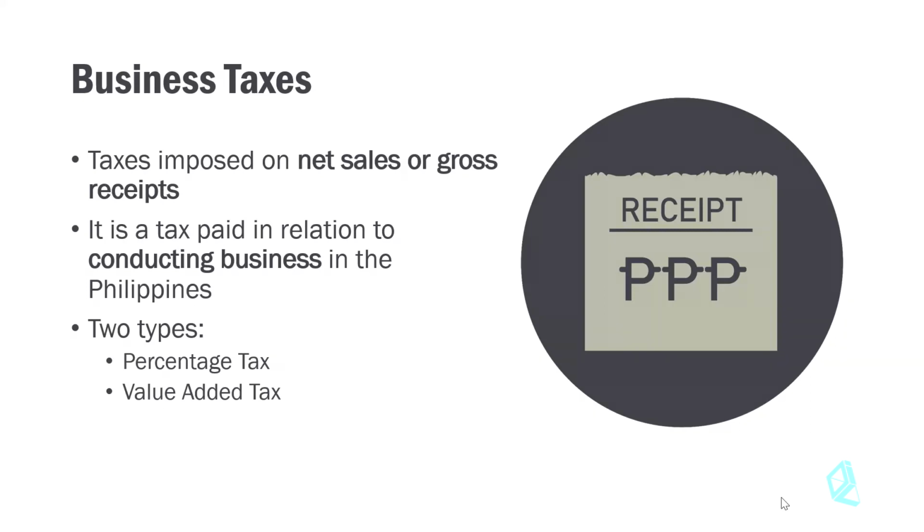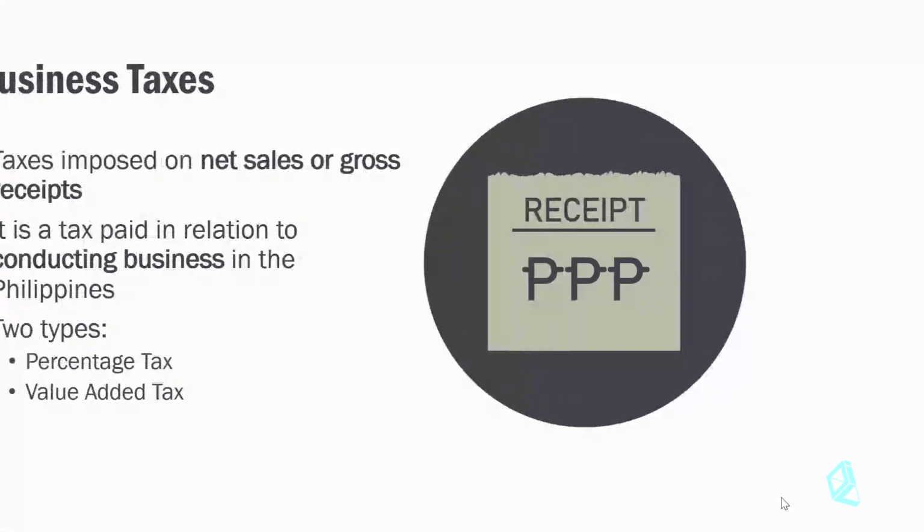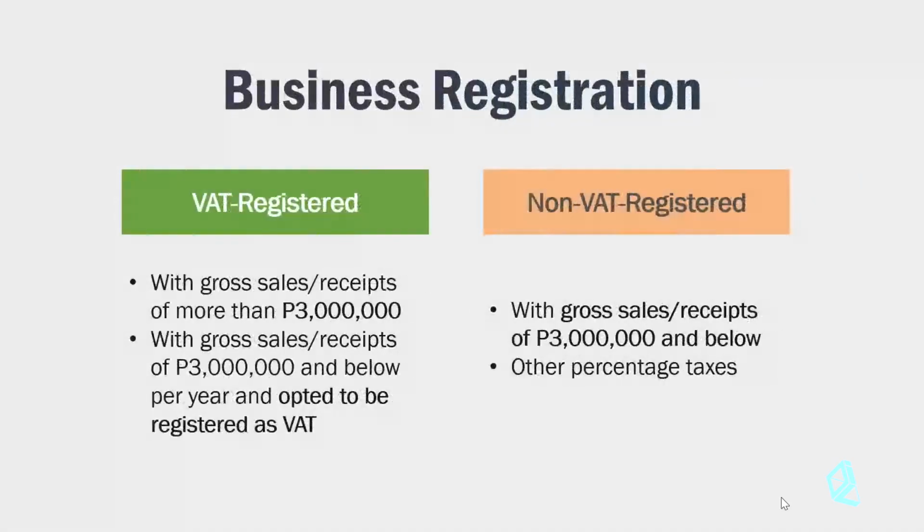So there are two types of business taxes. The first one is percentage tax, and the second one is value-added tax. And let's distinguish the difference between the two. So when you register your business, you have to identify whether you're a VAT-registered business or a non-VAT registered business.